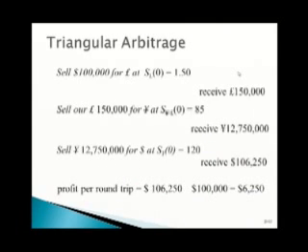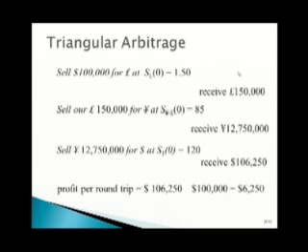Let's take $100,000 and trade them at $1.50 per pound for pounds. So for $100,000, we will receive 150,000 pounds. We'll sell our 150,000 pounds at 85 yen per pound, and we'll receive 12,750,000 yen.